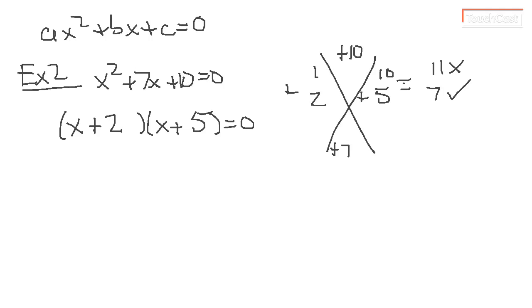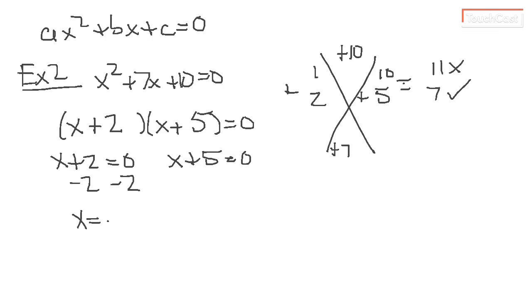Now this looks like our last example, so we can set each of them equal to 0. x plus 2 equals 0 and x plus 5 equals 0. The reason being is we're trying to figure out what x values do make this equal 0. So if I solve x plus 2 equals 0, I would subtract 2 and get x is negative 2.